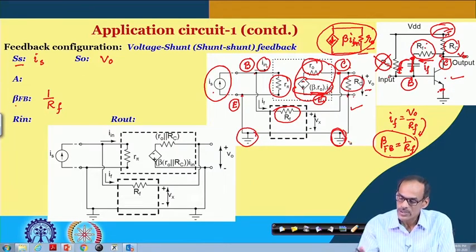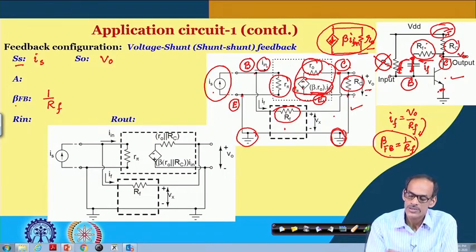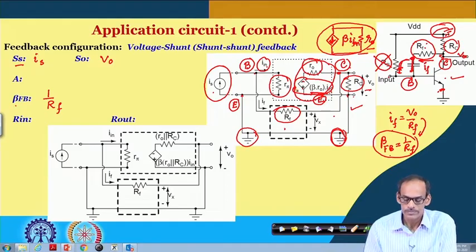So, that is how we can see that the transistor level circuit is getting translated into the desired model, and the model consists of different elements, the feedback network as well as the main amplifier.